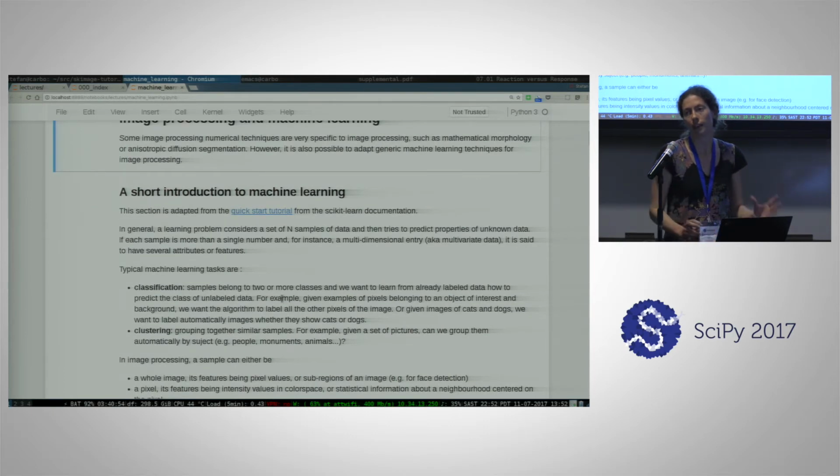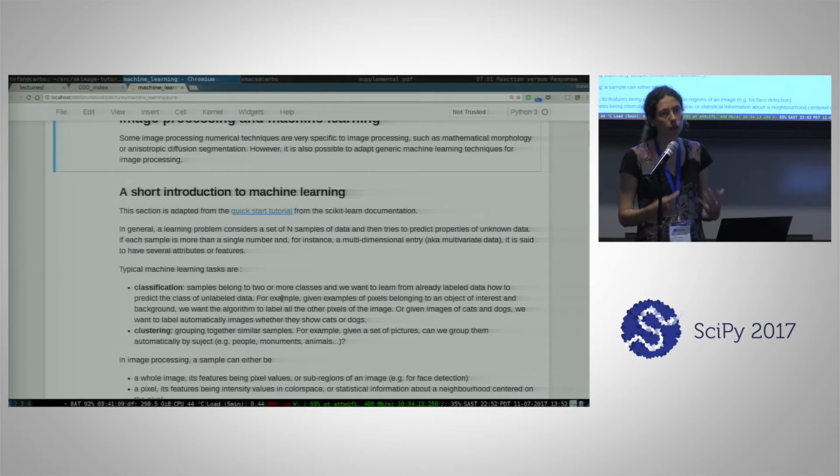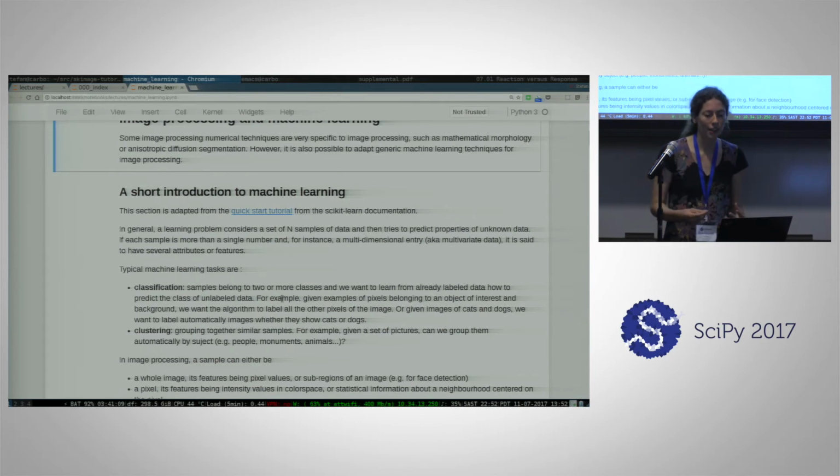In a few sentences, let's define machine learning as having a number of samples of data, where you know some things about this data, and then you try to predict the properties of unknown data. That's very vague, right? Very general.